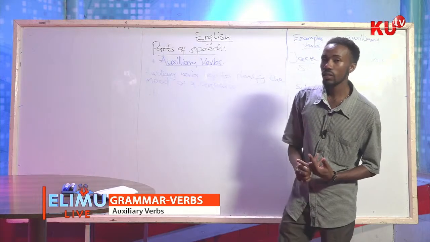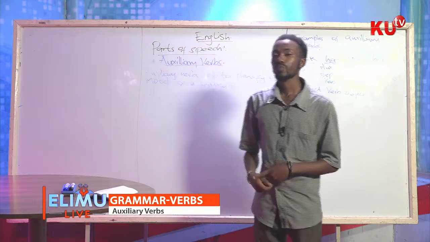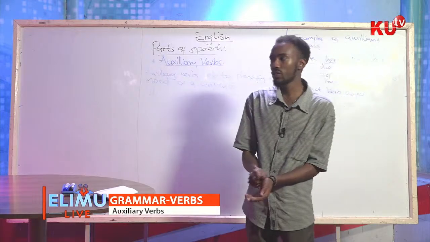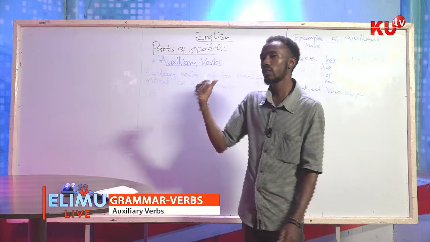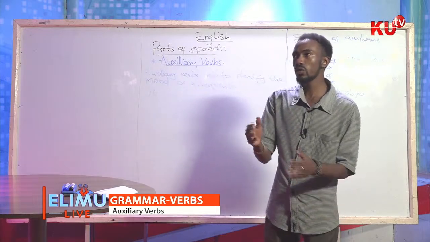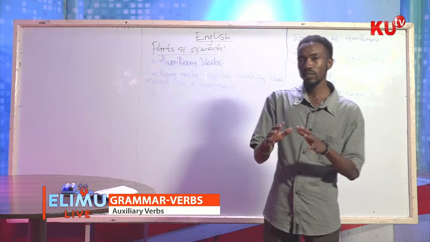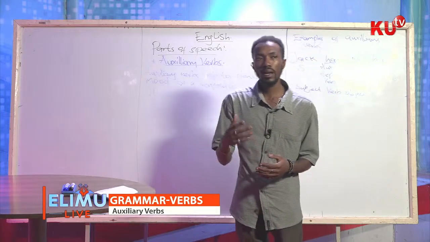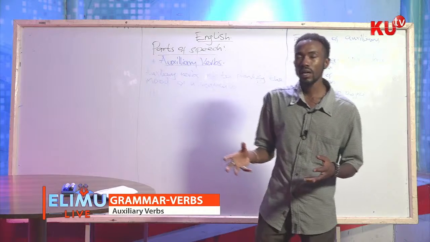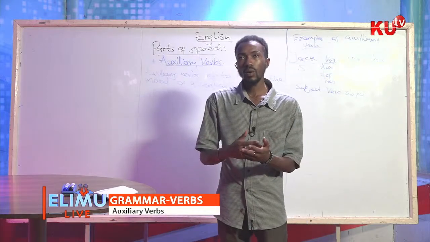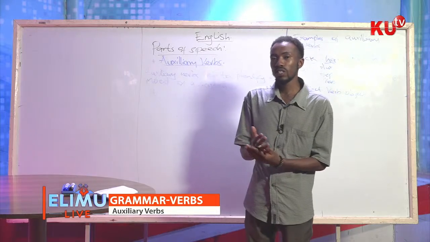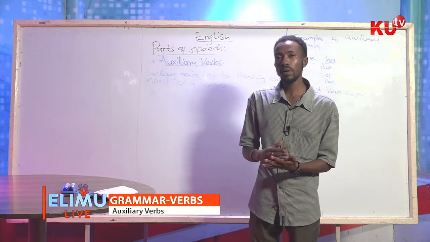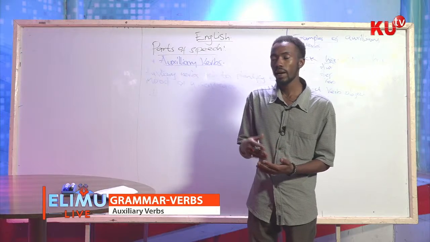So when we say "he was teaching," it's something that he did. The "was" is the auxiliary verb, the helping verb, that helps us know the tense of that sentence. Teaching is the main verb. It's something that he did earlier.